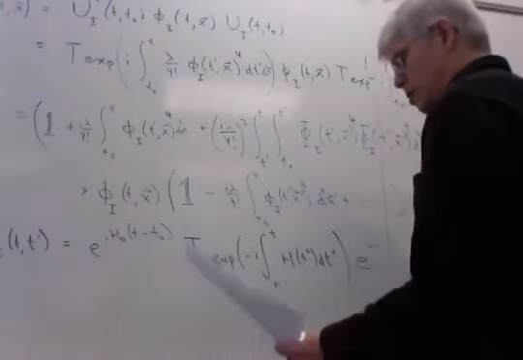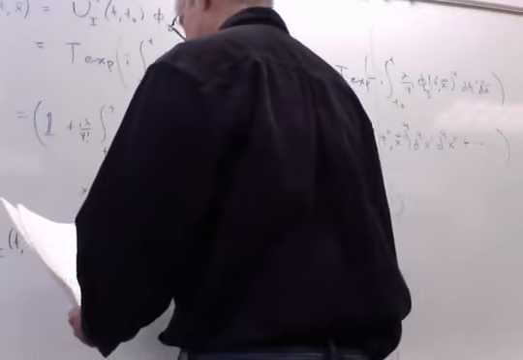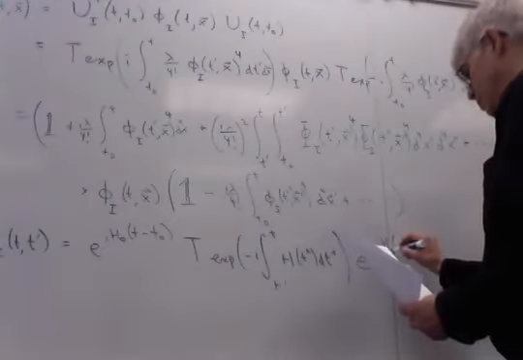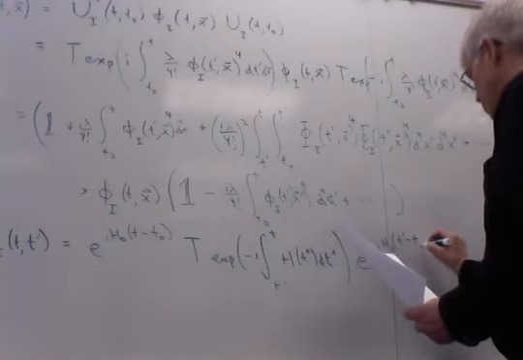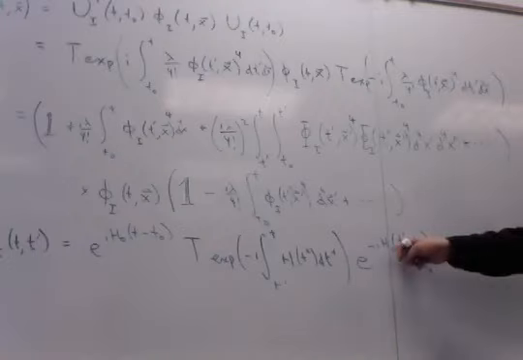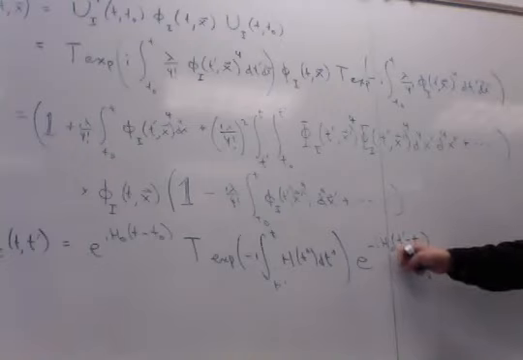Should be, sorry, yeah. So if t prime is equal to t0, then this factor here is 1, and it reduces to the expression we had previously.